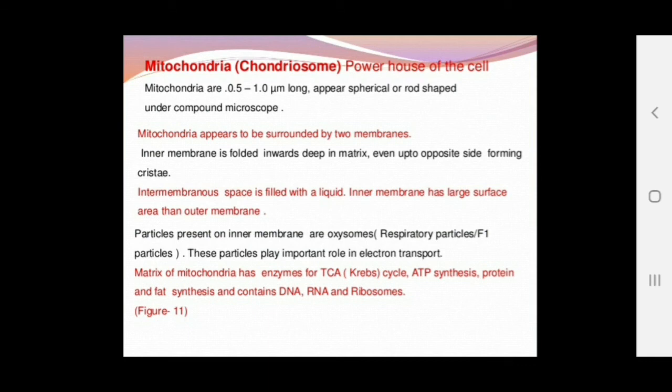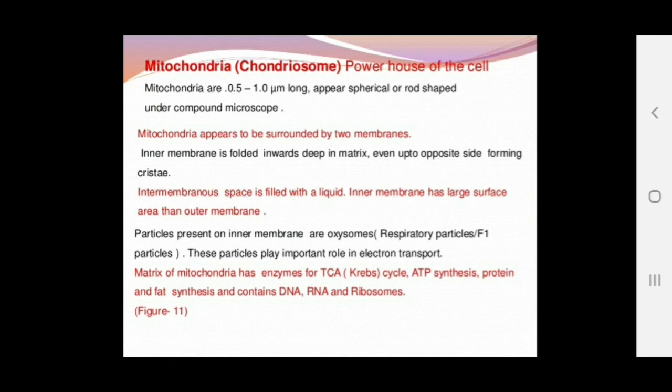The intermembranous space is filled with a liquid, and the inner membrane has a larger surface area than the outer surface area. Particles present on the inner membrane are oxysomes, the respiratory particles, also called F1 particles. These particles play an important role in the electron transport chain of respiration.